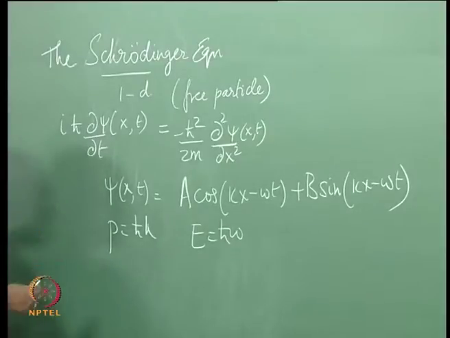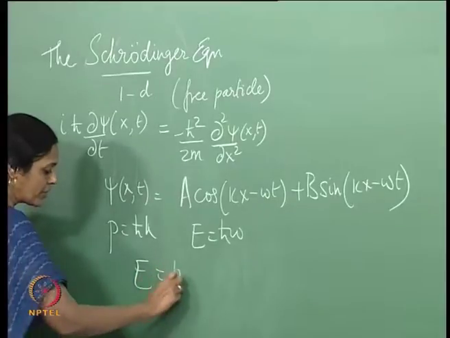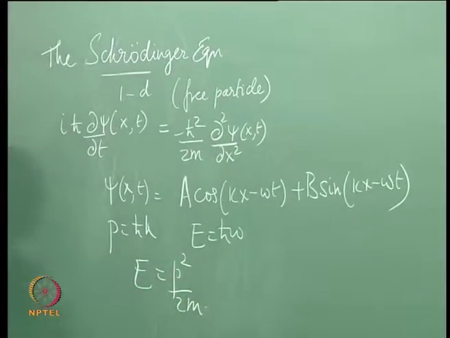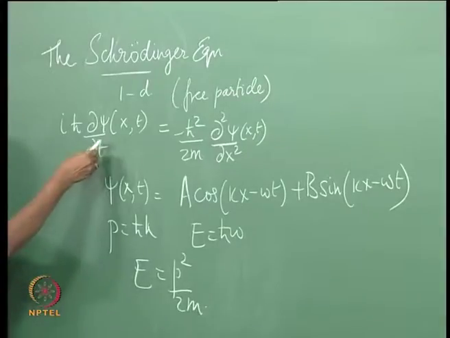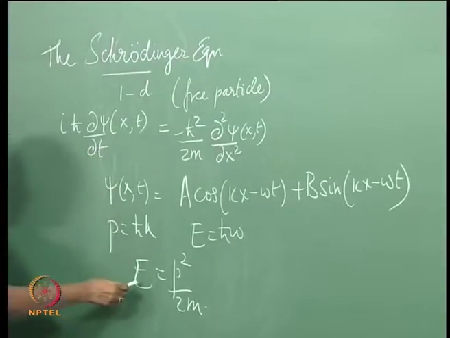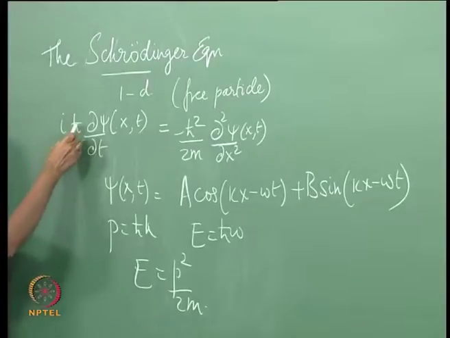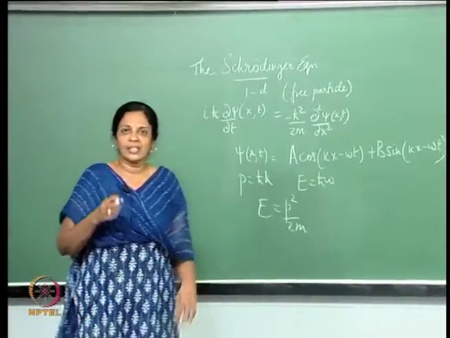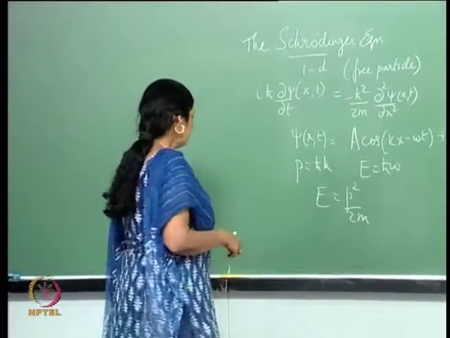And since in classical physics for a free particle we would have started with this equation, the analog in quantum mechanics is to replace E by the operator i h cross delta by delta t and p by the operator minus i h cross delta by delta x in one dimension.